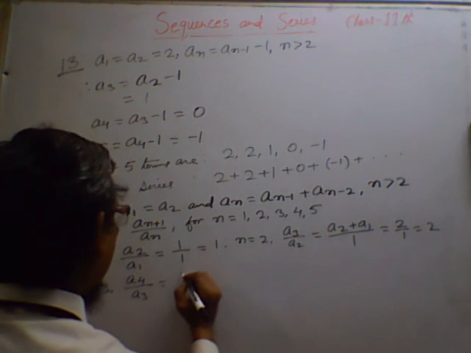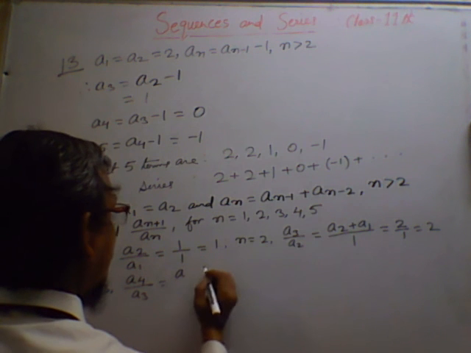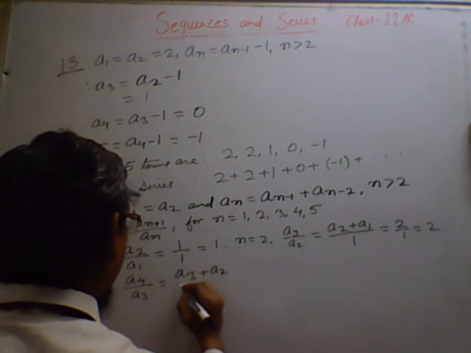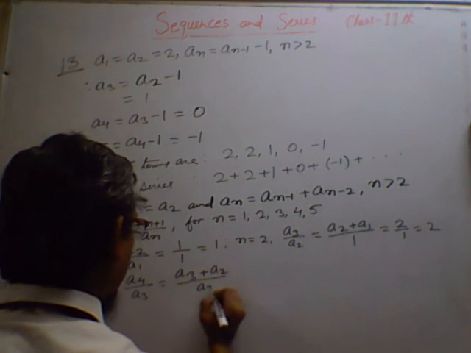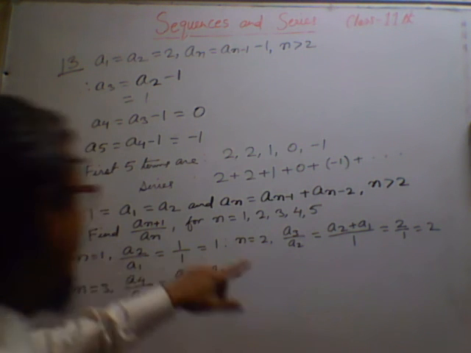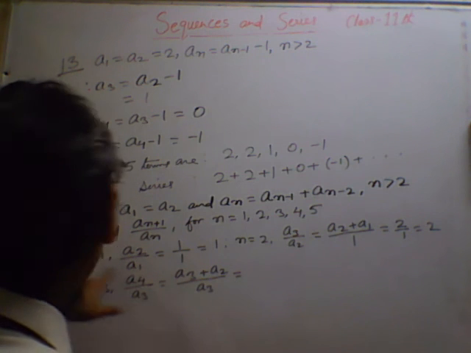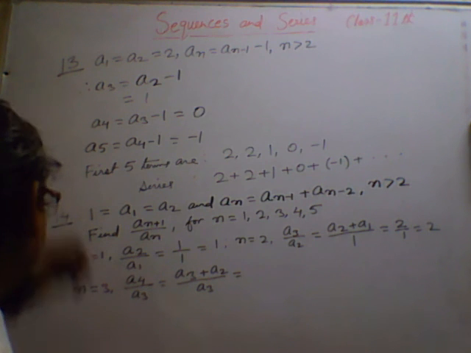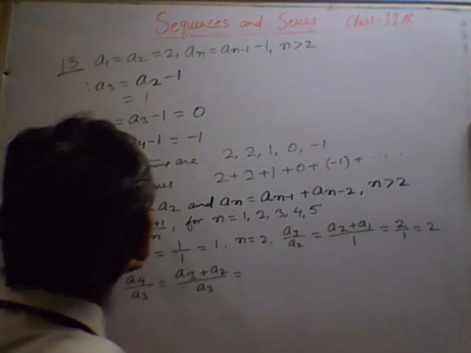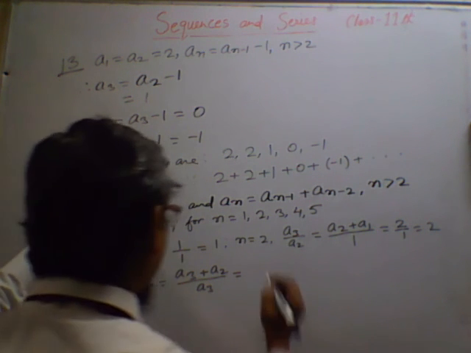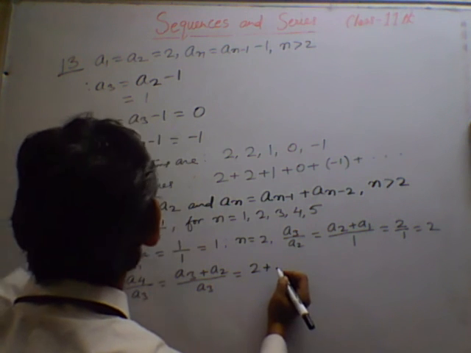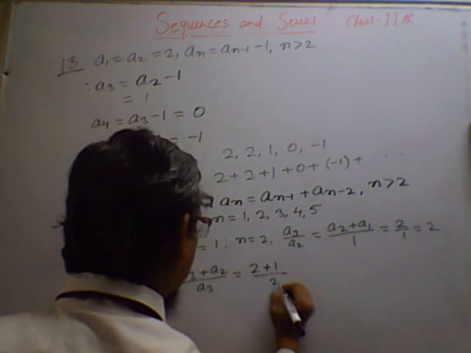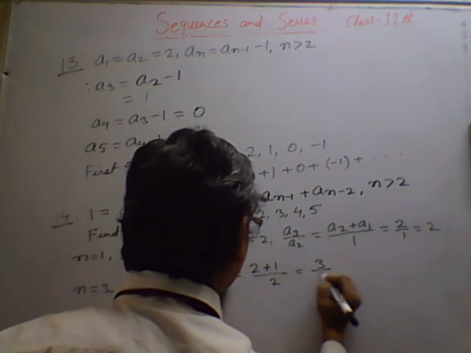A4 is equal to A4 minus 1, which is 3, plus A4 minus 2, which is 2. So A3 plus A2 divided by A3. Now A3 we have found: A3 is equal to A1 plus A2, so it will be 2, and A2 has been given 1. Now A3 is 2. So 2 plus 1 is 3, 3 over 2.